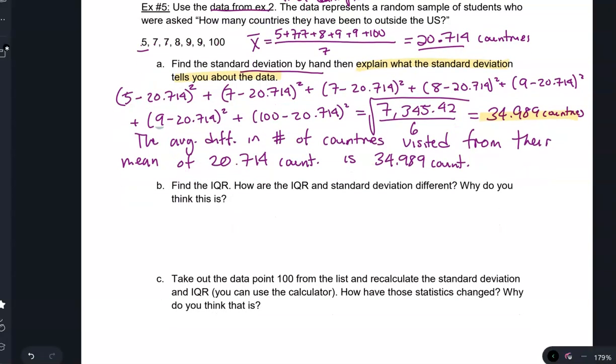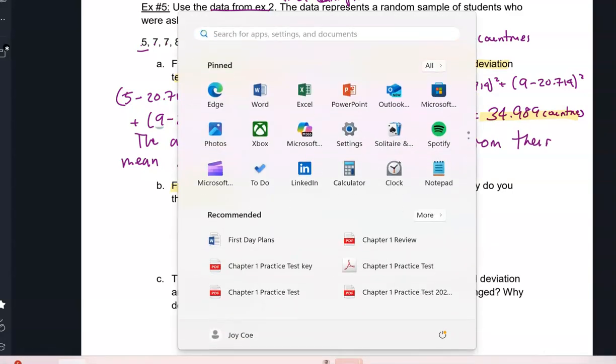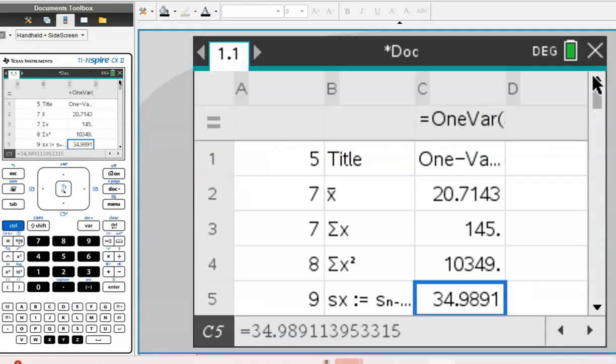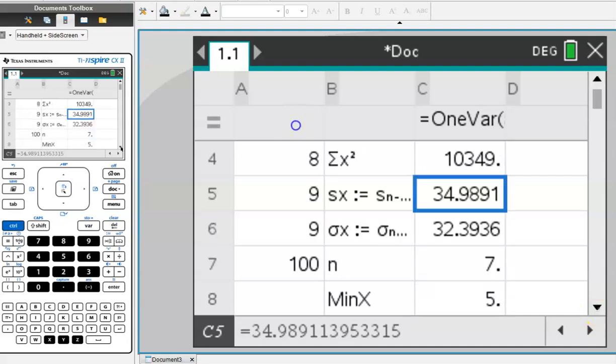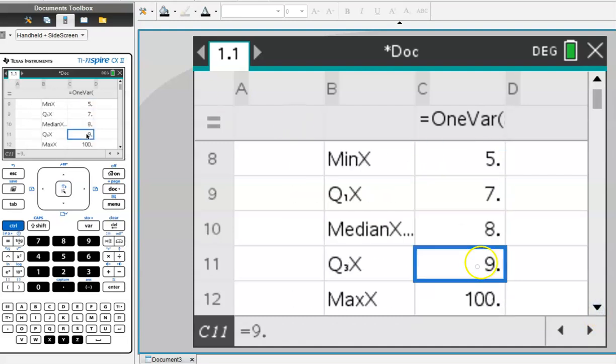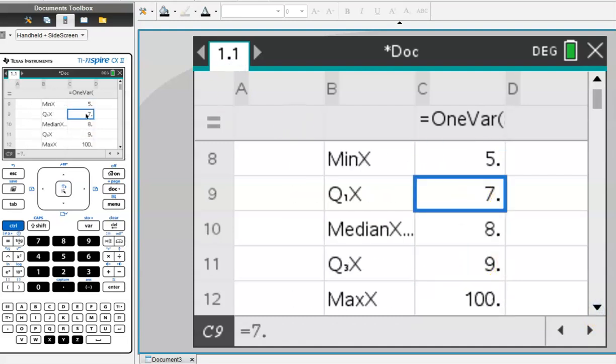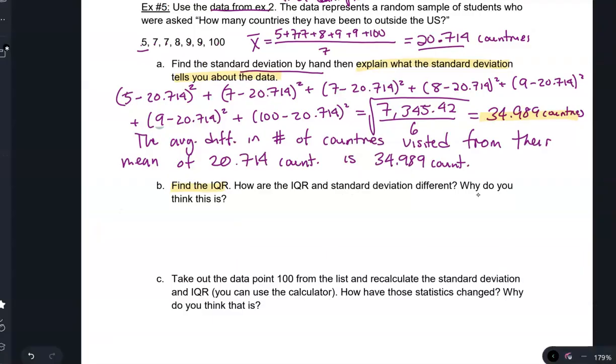Okay. Another one that we did earlier is our IQR. Let's find our IQR, which since we just entered the data in our calculators, we can do pretty quickly. So if we scroll down, we can see here's my Q3, here's my Q1. So the difference in those is 2. So the IQR is 2 countries. How are the IQR and standard deviation different?